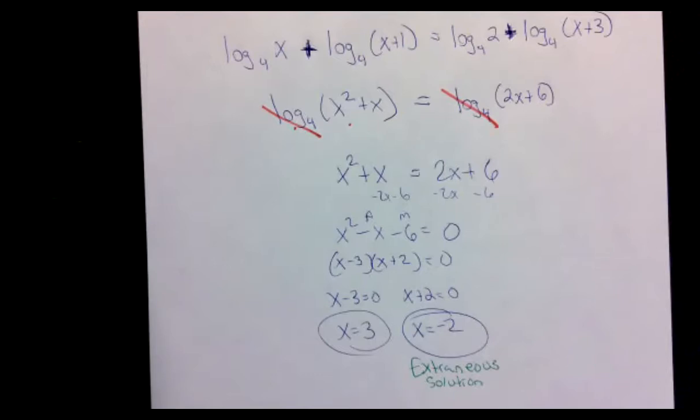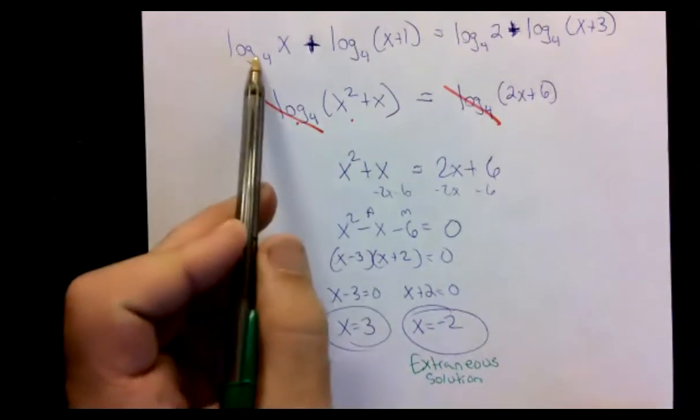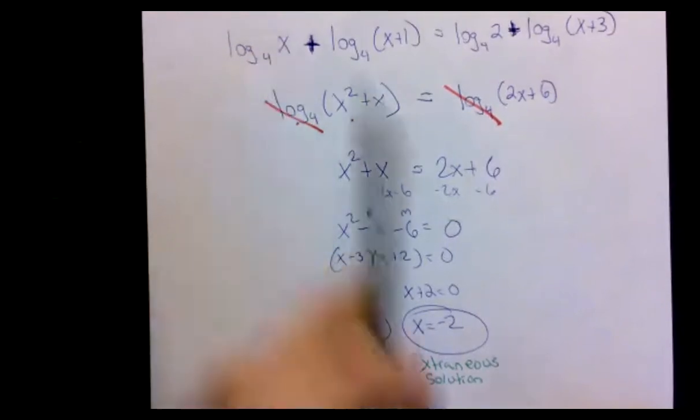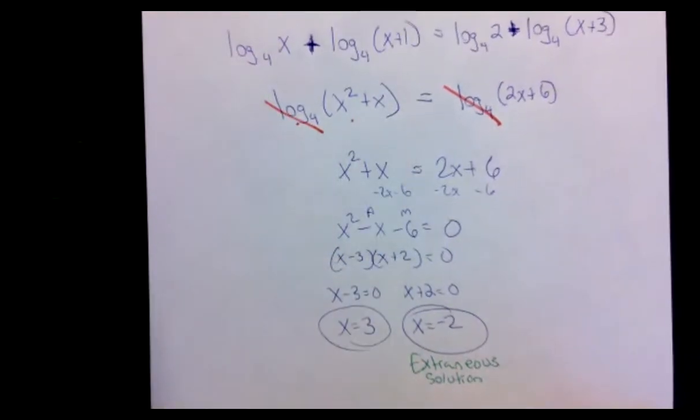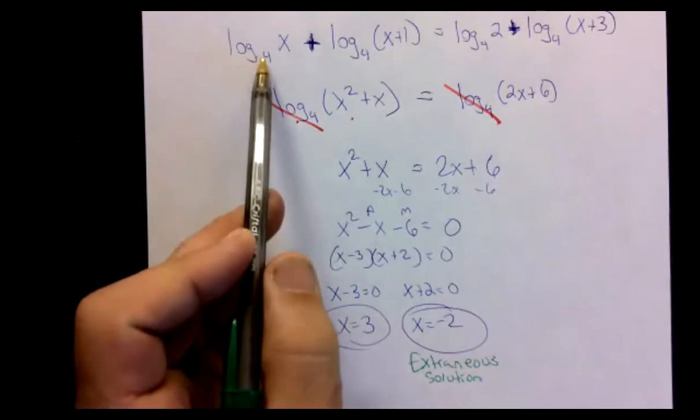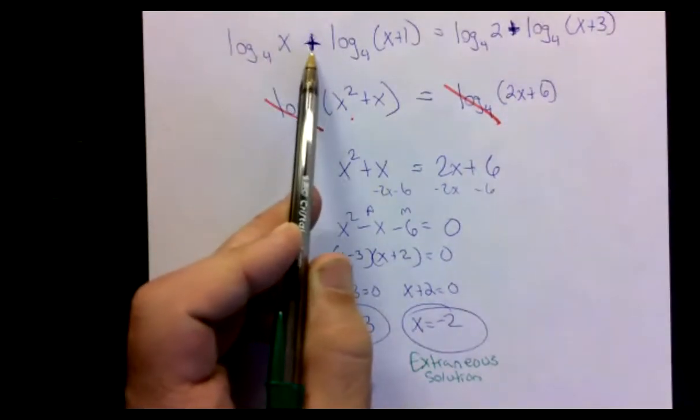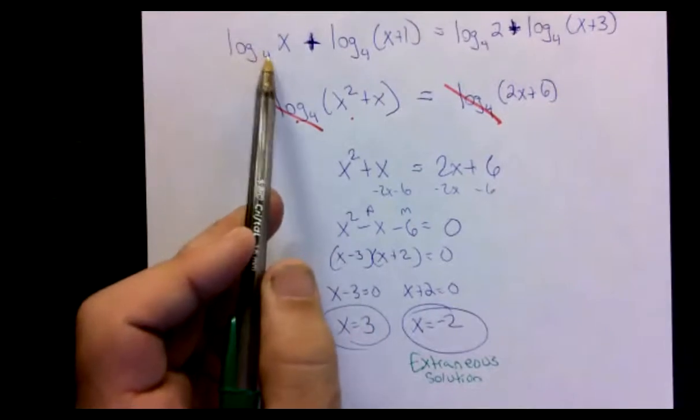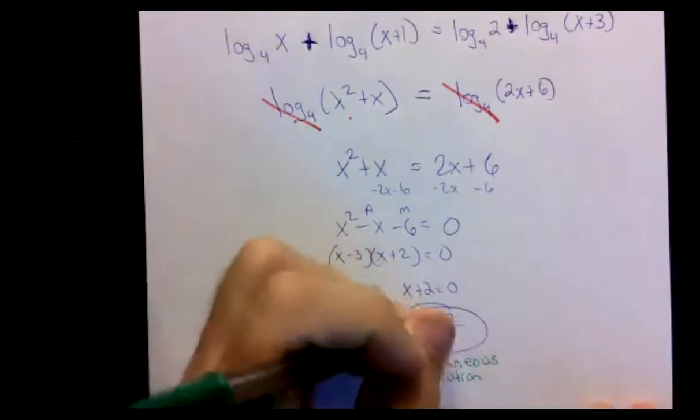Due to some properties that we've dealt with before, you cannot take the log of a negative number. If you try taking the log base 4 of -2, or the natural log of -2, it won't work because you're asking, 4 to what power is -2? And there's no power that'll change a positive number to a negative number.